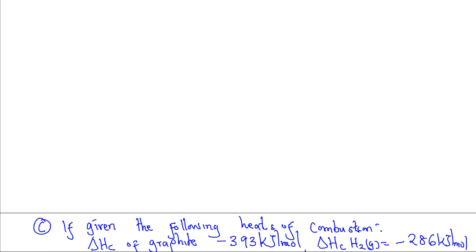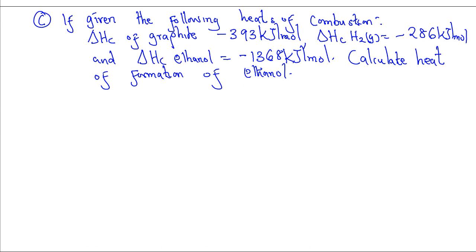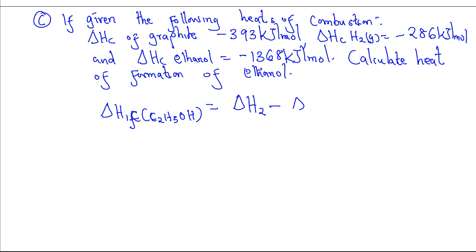As we said earlier, the H1, which is the formation of ethanol, will be delta H2, that is combustion of carbon and hydrogen, minus delta H3 for the combustion of ethanol.